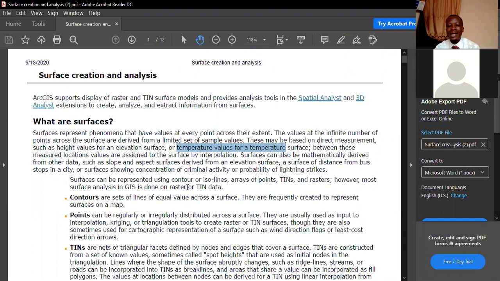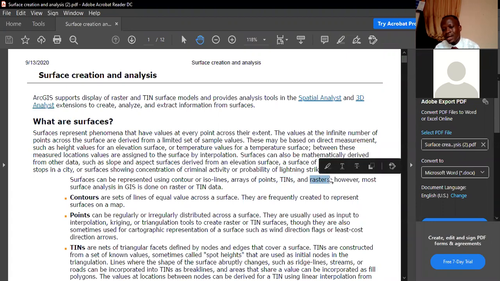Surfaces can be represented using contour lines. We can use points, arrays of points, or grid points. Then you can also use facets like triangular faces, triangles, and shade them according to the value at the vertices of the triangle. You can also use a raster.